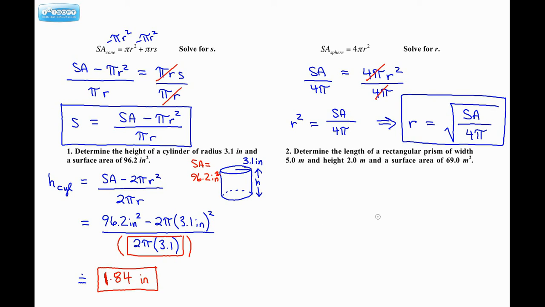So what I'm going to do is, I'll draw a picture. So I need to draw a box. Now I don't care if it's to scale here. Doesn't matter to me. Okay. So it's the length that we want. So I'll label the length as L. Okay.